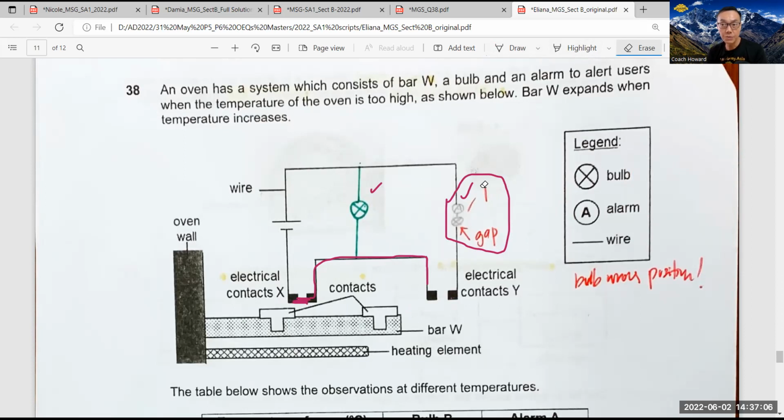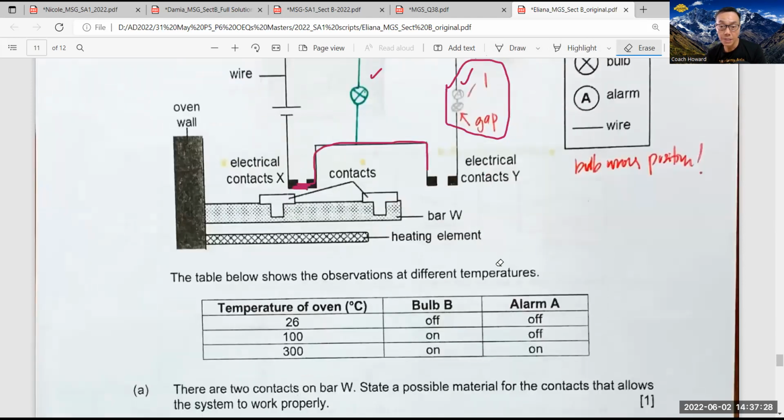In fact, this student experienced some lenient marking, because if she had put it here, we can actually not award her the marks, because this part, contact Y, would still remain open.